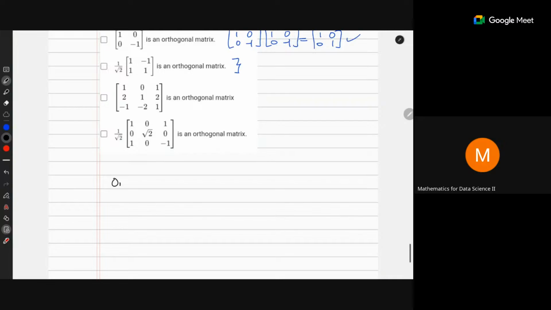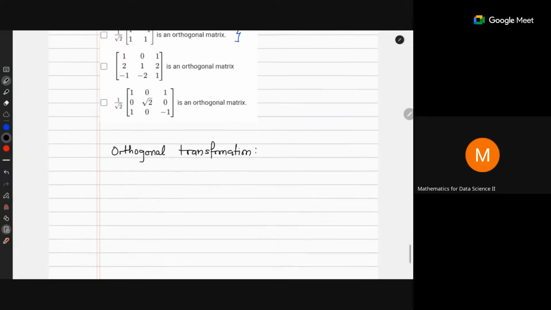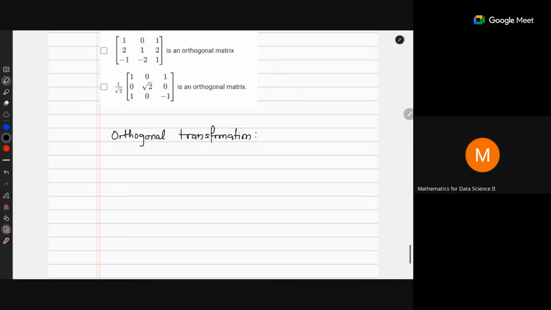So there is something called orthogonal transformations as well. So let's say T is a map defined from one inner product space V to another inner product space W, where this symbol denotes the inner product on V, and this symbol denotes the inner product on W. All right.